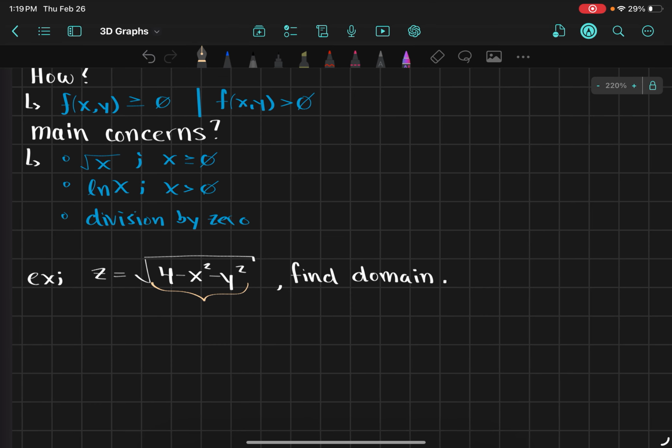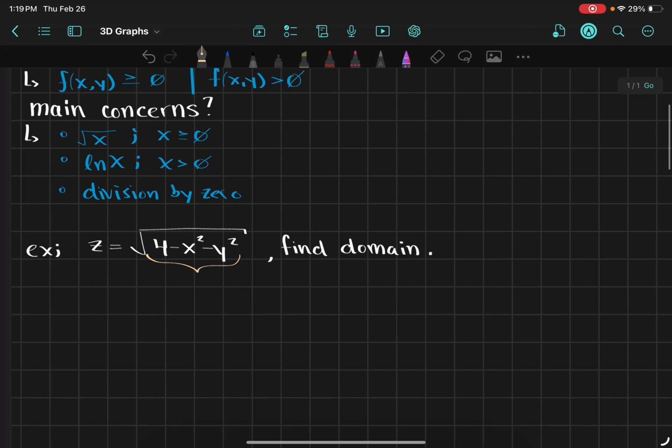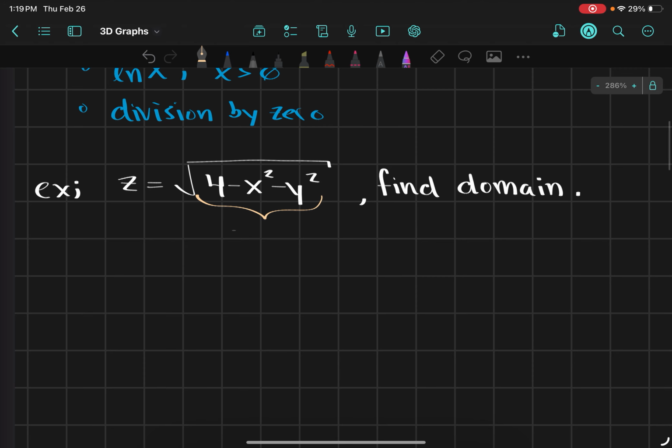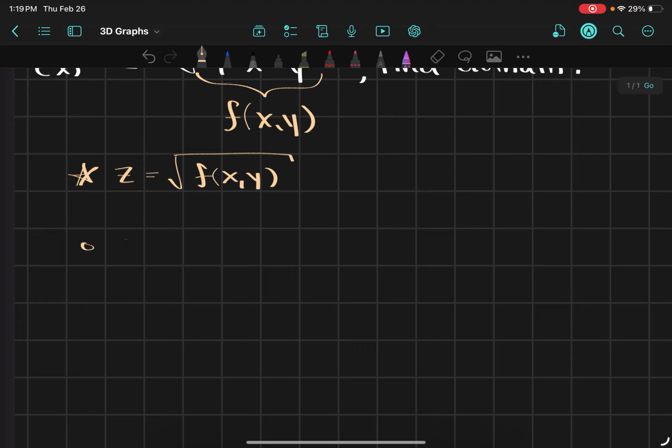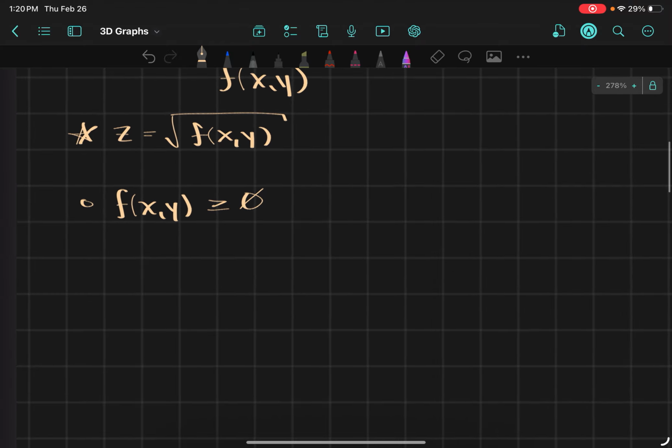And as we stated prior, this function needs to be greater than or equal to 0. So this is just going to be our f of x, y. So therefore, in other words, z is equal to the square root of f of x, y. Once again, this f of x, y must be greater than or equal to 0, otherwise it is no solution.